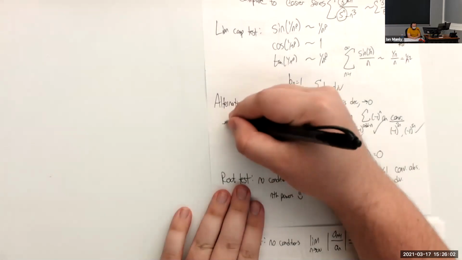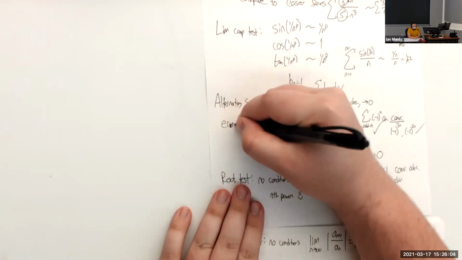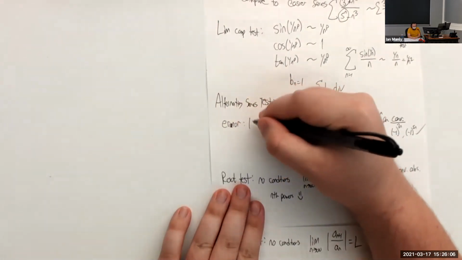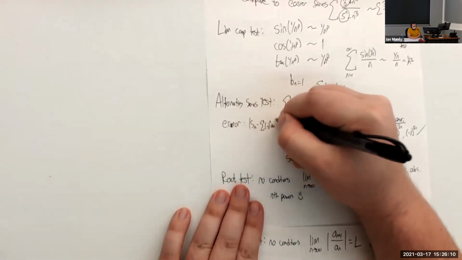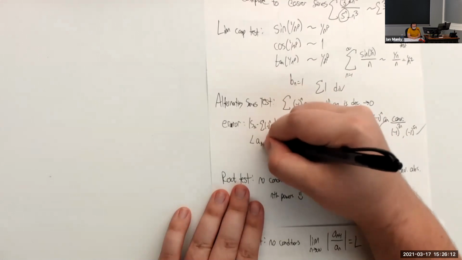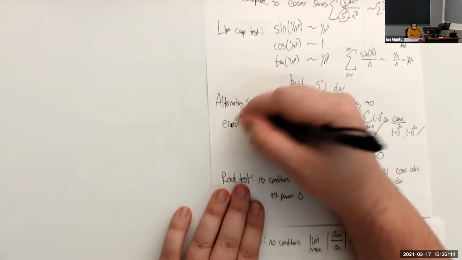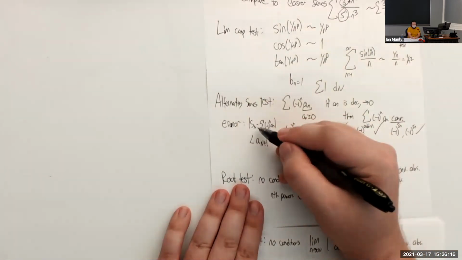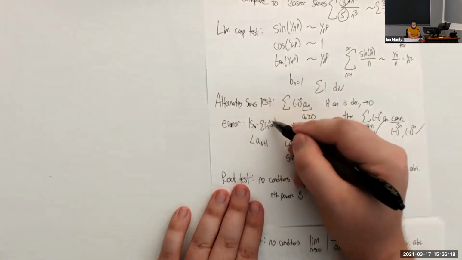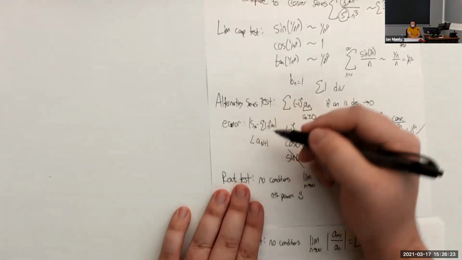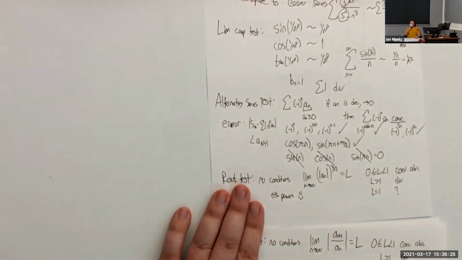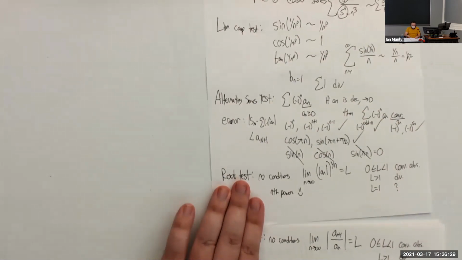So the error for Sn minus the series is going to be less than a_(n+1). So if you only want to add up to the nth term rather than adding up all infinitely many terms, there will be some error, but the error won't be any more than the next term you would have added right there. Oh, thanks for reminding us of that, Christian, as well.